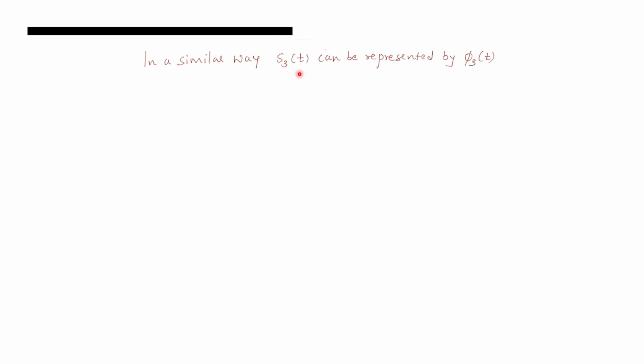So in order to represent S3 of t in terms of phi3 of t, consider that S3 of t can be represented by a linear combination of orthonormal basis functions. Here, phi1 of t is calculated from the first step, phi2 of t obtained from the second step, and S3 of t is known.